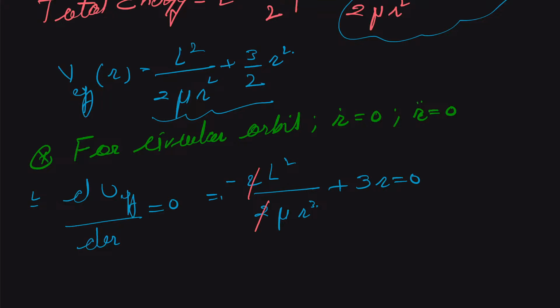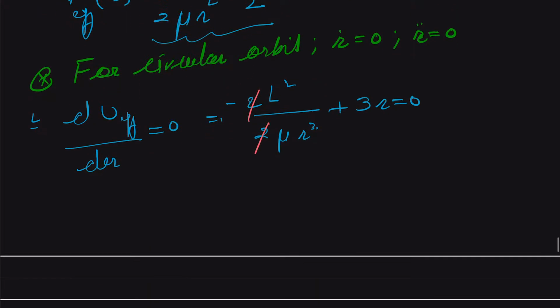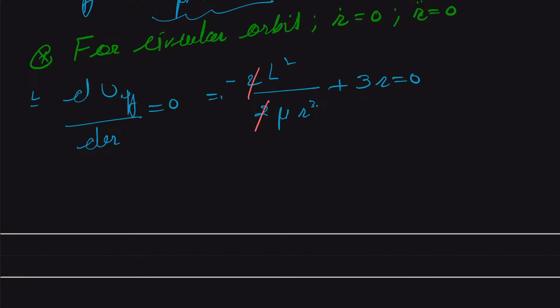This 2 and 2 cancels out. Therefore, we can write that our L square will be equal to 3 mu r raised to power 4, and its square root. Therefore, we can say that our L will be equal to r square times square root of 3 mu.